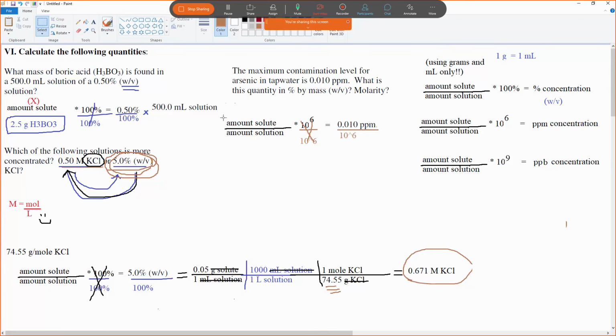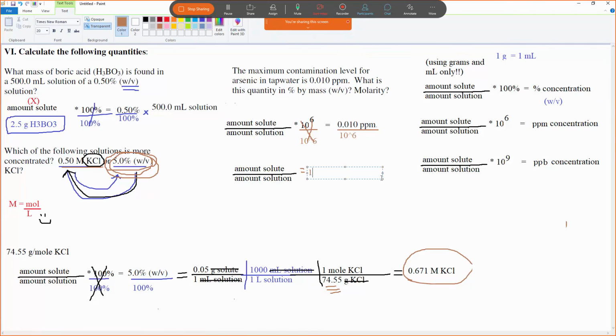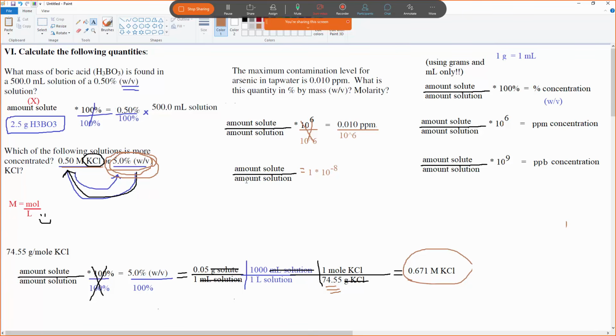Okay, so I have solved. This is equal to 1 times 10 to the negative 8th. Now that's my amount of solute divided by amount of solution, and it tells me this is probably weight per mass.